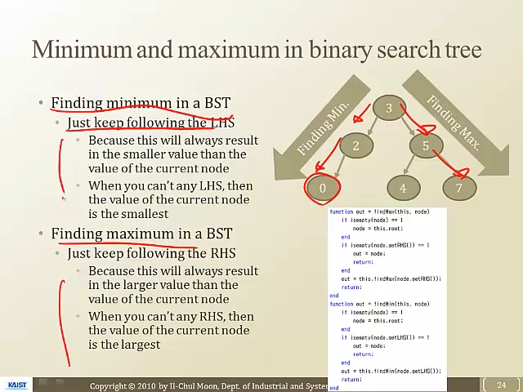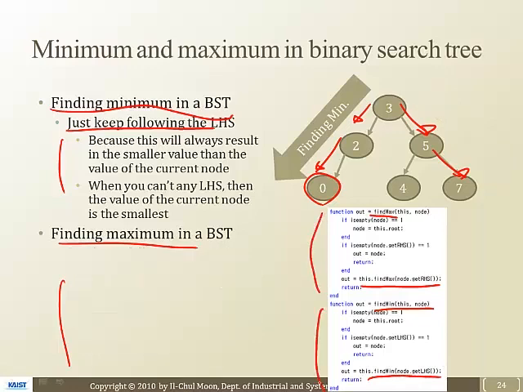And this is quite simple. So find maximum keeps going to the right-hand side, recursively, and find minimum keeps going to the left-hand side. And find maximum and find minimum are required.